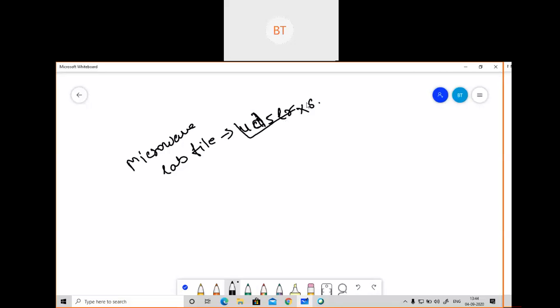This is the class code for the microwave lab, and you need to submit all your lab file assignments which I am giving, here only. Based on that, I will give your marks in lab.